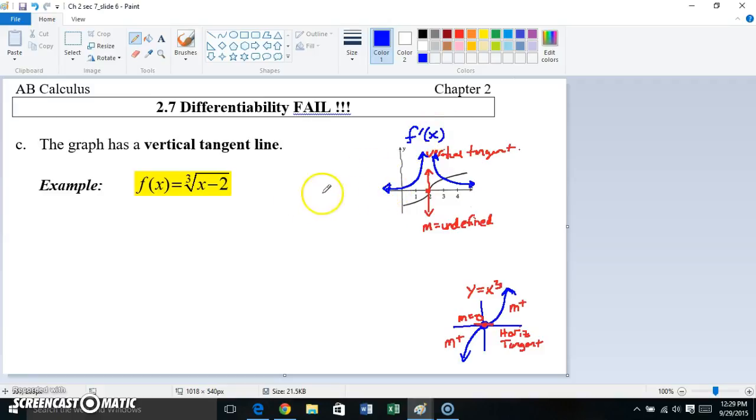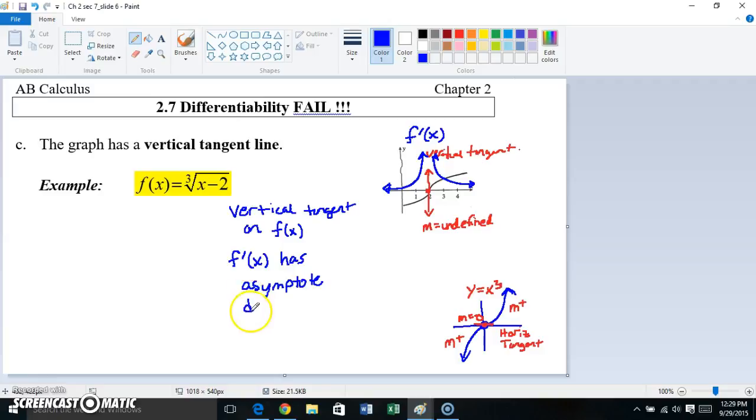Okay, so when there is a vertical tangent on your function f of x, what happens on your derivative graph? F prime of x has an asymptote for its discontinuity.